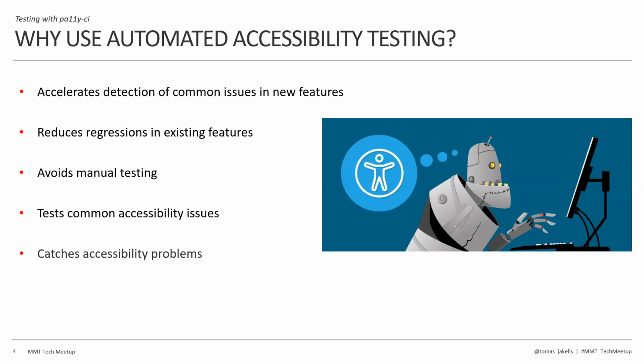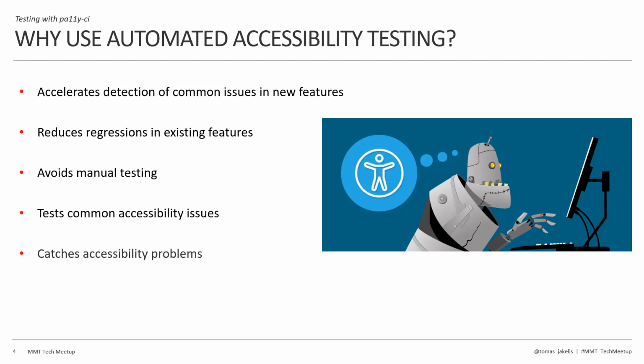Then it reduces regressions in existing features. When those tools run, they automatically test, so for example, what was built previously, we didn't break anything, which is obviously a good thing to have. It also avoids manual testing.